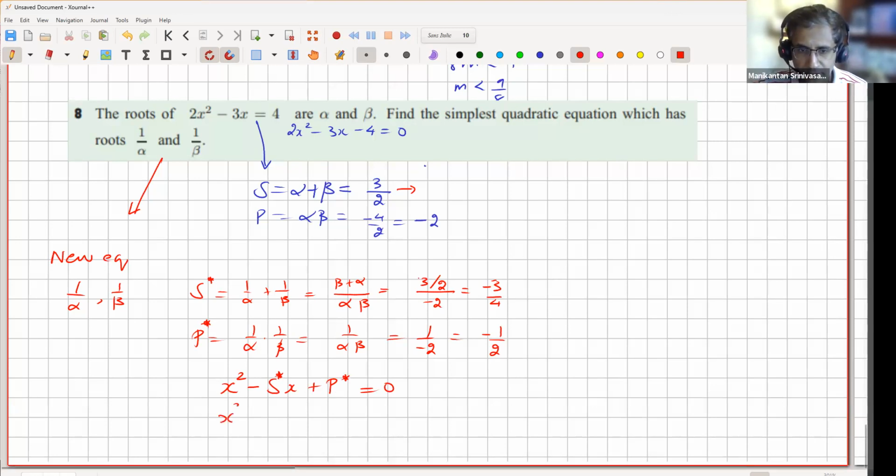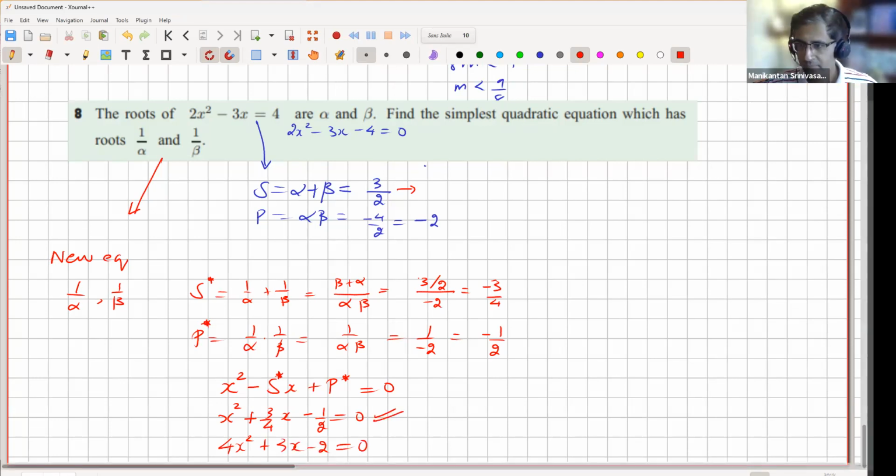Now you just have to substitute. S star is minus 3 by 4, therefore it becomes plus 3 by 4 here, and P star is minus half. I can leave it here, or optionally multiply it by 4 so that there's no fraction. Either way is fine. Even this step is fine technically. Does it make sense, Dev?